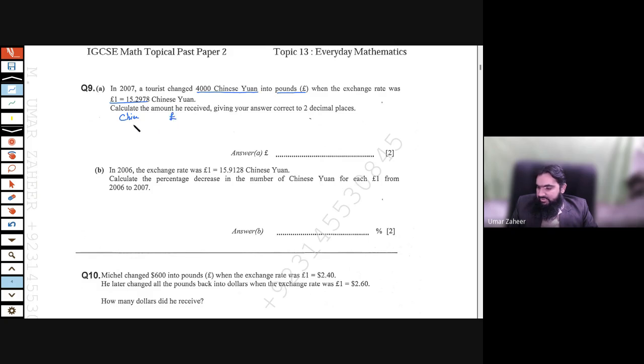The rate of exchange is 1 pound is equal to 15.2978 yuan. In the given question, you have the value up to 4 decimal places. So when you round off, you have to stay up to 4 decimal places. Only round off the final answer up to 2 decimal places. Okay, you will get the more accurate answer. And we have 4,000 Chinese yuan for x. So just do the cross multiply.